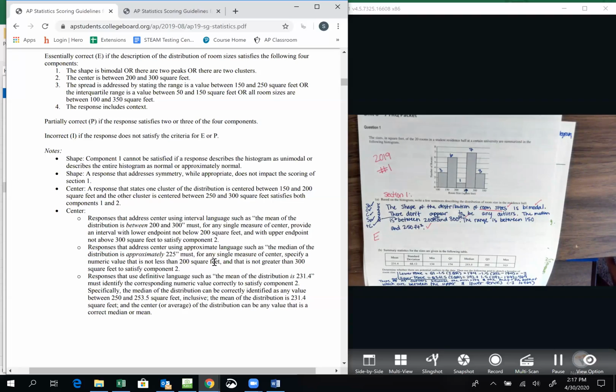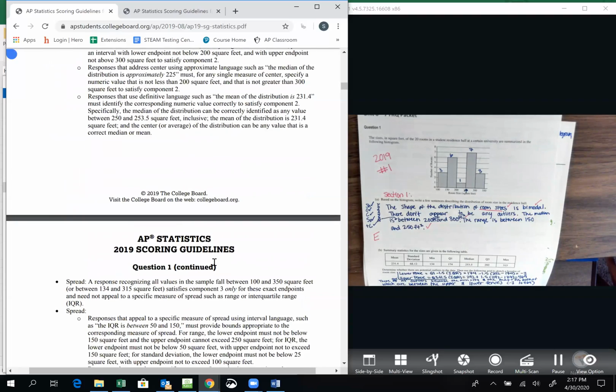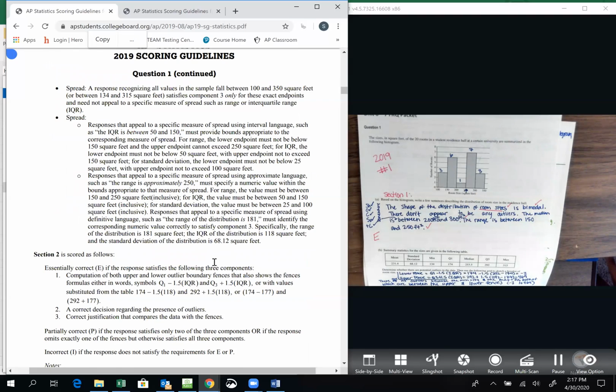Okay, that's a lot. I don't know why they said all that. Spread: a response recognizing that all values in the sample fall between 100 and 350 satisfies component 3 only for these exact endpoints and need not appeal to a specific measure of spread, such as the range or interquartile range.